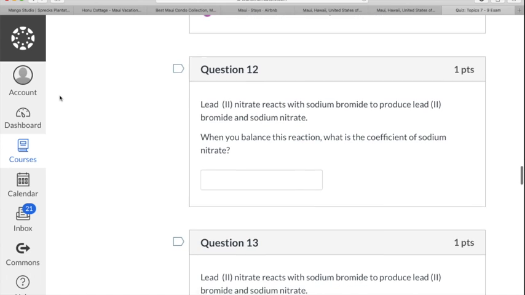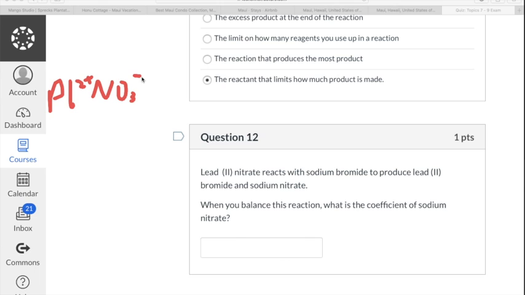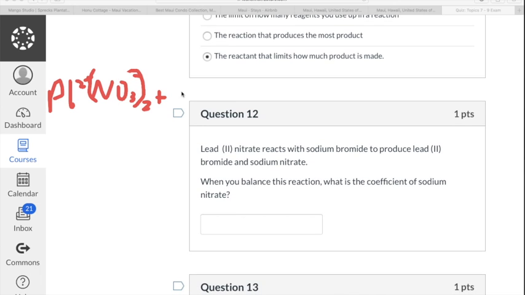So, lead 2, I'll write it up here. Lead's Pb, and that's a 2 plus. And nitrate is NO3 minus. And when I crisscross this, I will end up with 2 of these guys, plus sodium bromide.